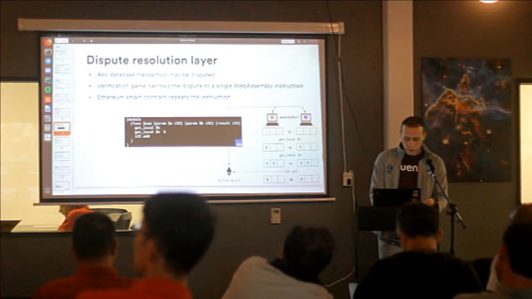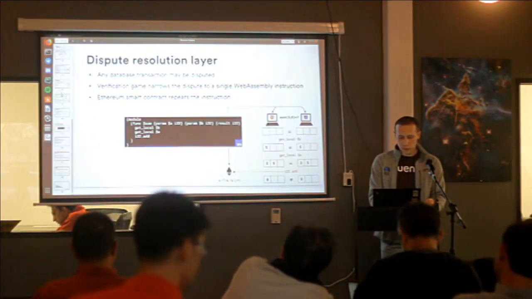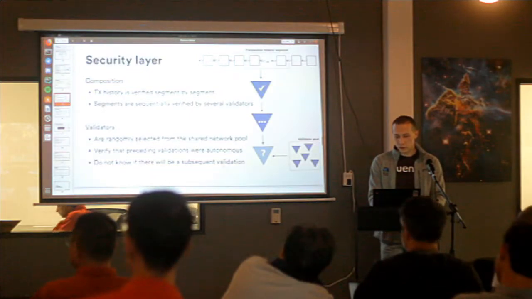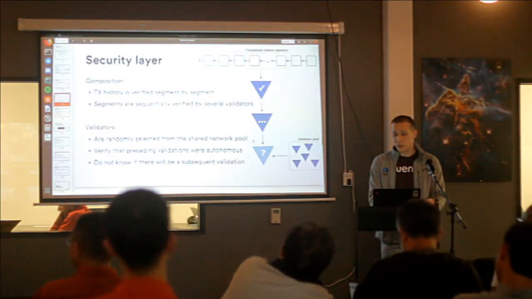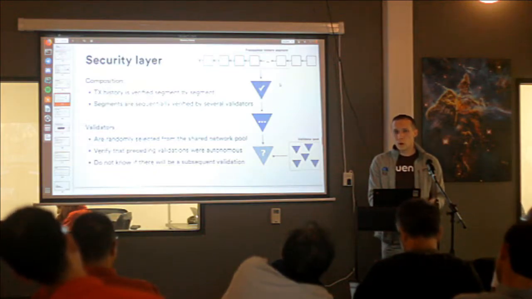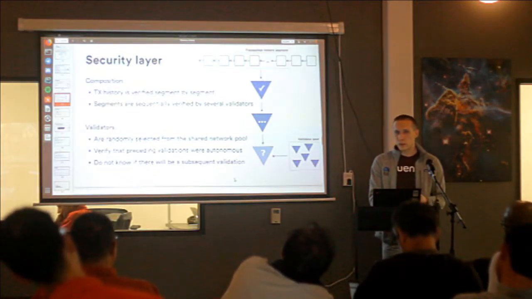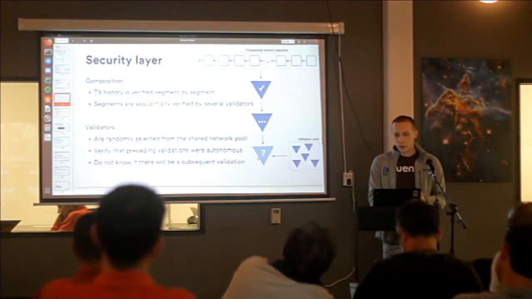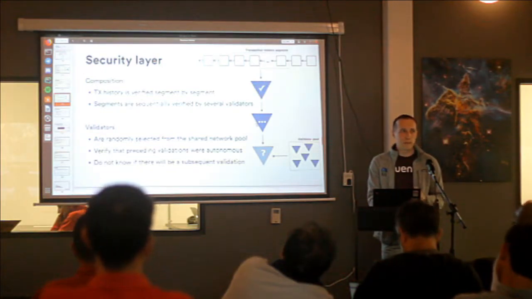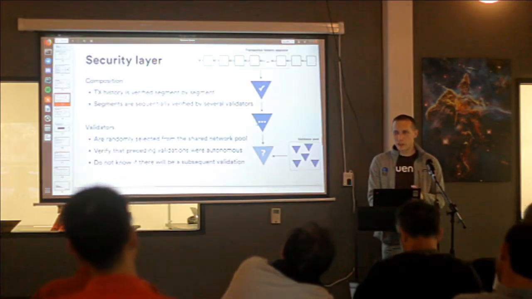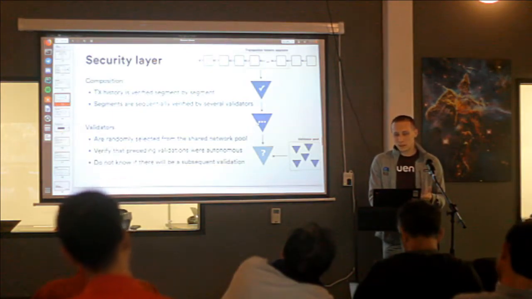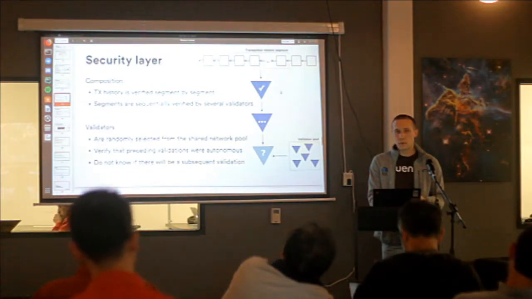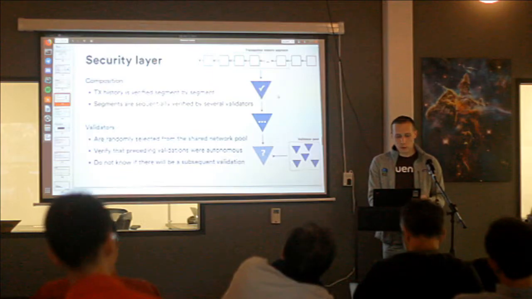And now let's say, for example, I have 3 validators for this particular transaction history segment. If at least one of those validators is honest, it will catch all of the malicious activity that happened here. So it's a much more efficient way, well, I won't say consensus, to catch malicious activity on the network.